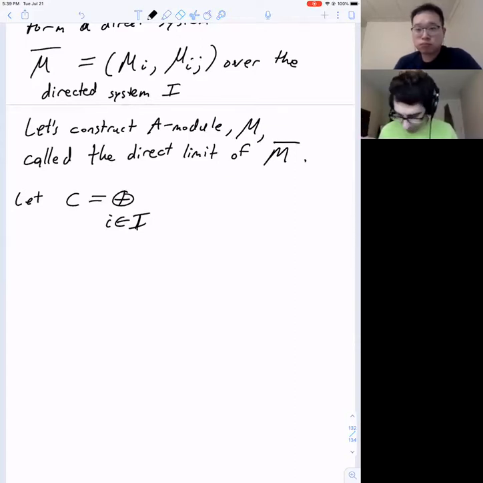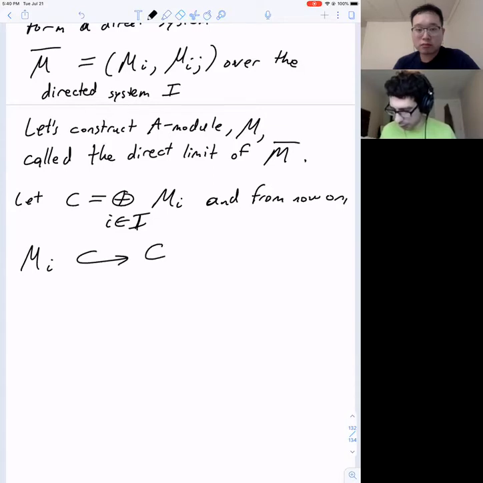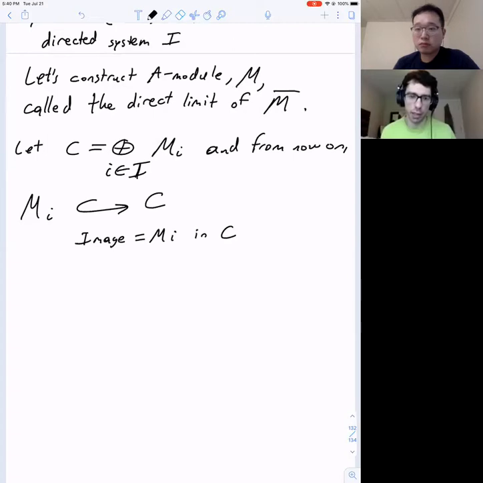Sorry, I made a mistake. So C starts off as a direct sum of the M_i, and from now on you see M_i in C, the image. From now on, forget M_i, just consider M_i in C.